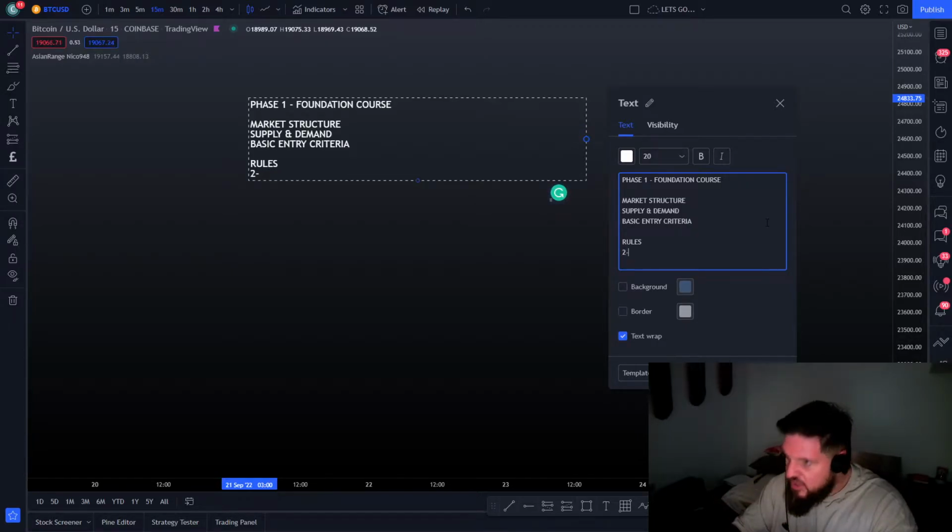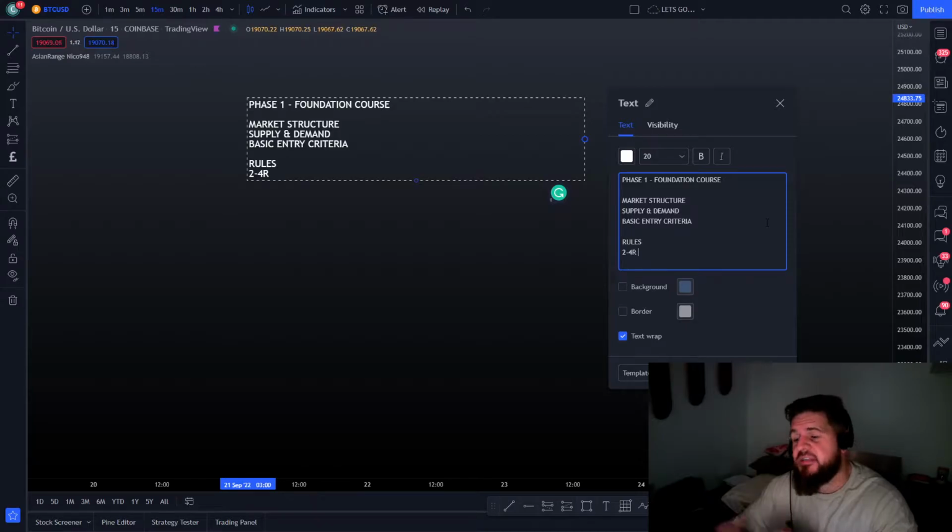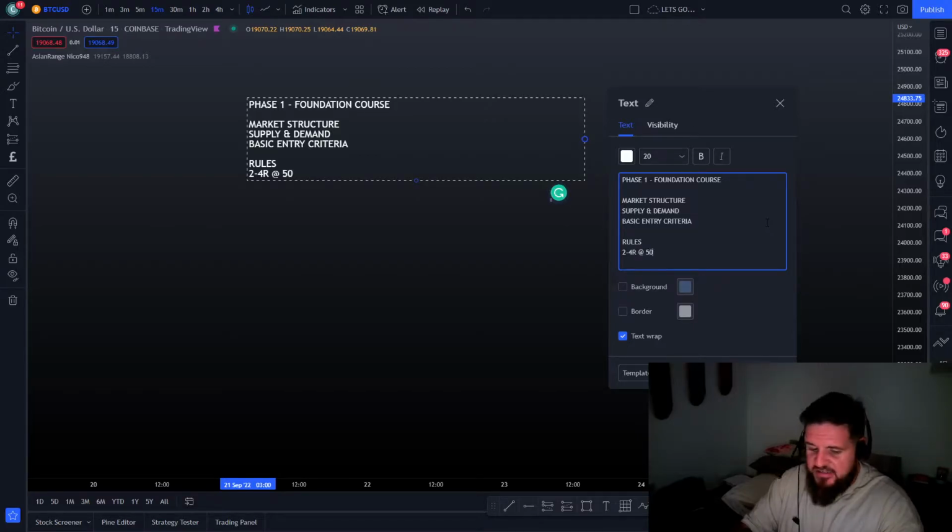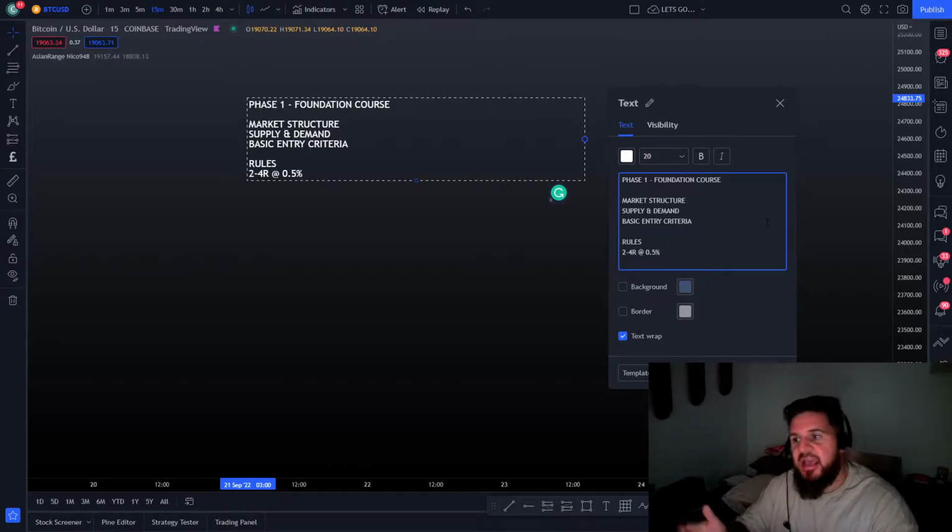So 2 to 4R is all I want you to trade in this first phase. Until you're funded, you don't need to trade any more than 2 to 4R. The 2 to 4 is something that you'll work out in your back testing, and it'll be personal to you. But say you're taking 0.5% per trade, okay, if you're aiming for 2R each time, then it's only going to take 16 successful trades to get 8%.